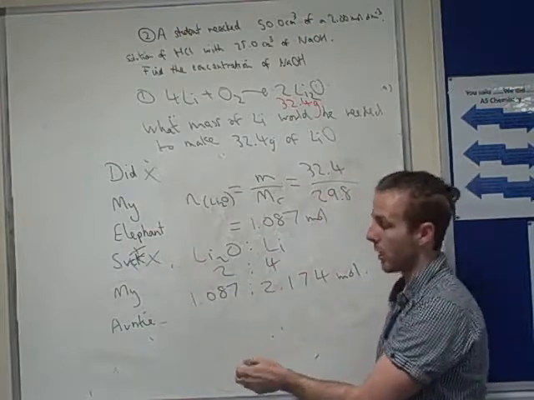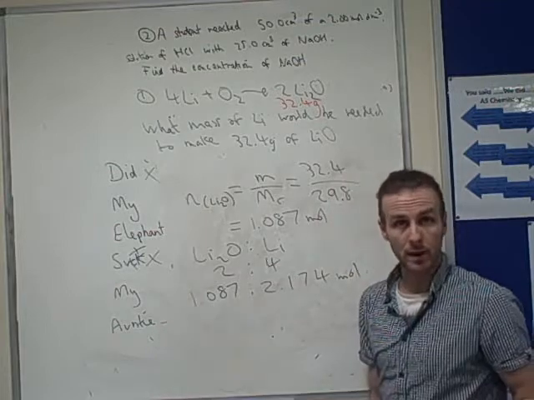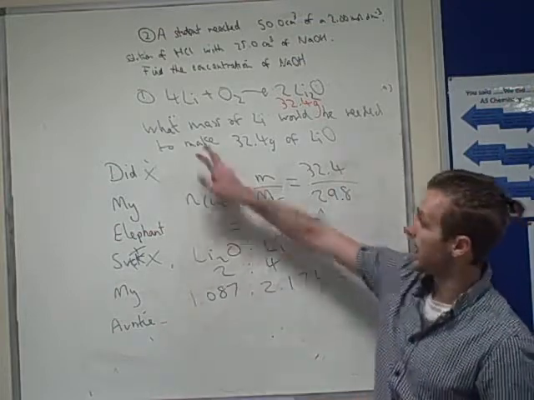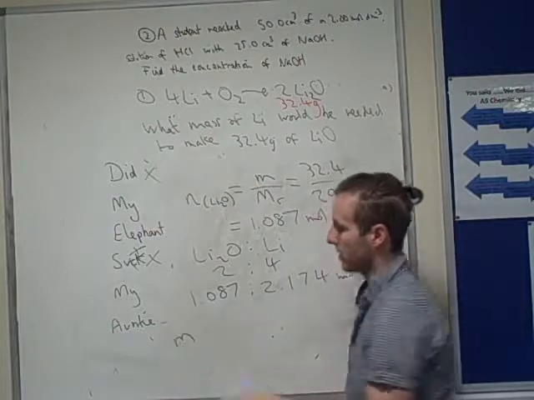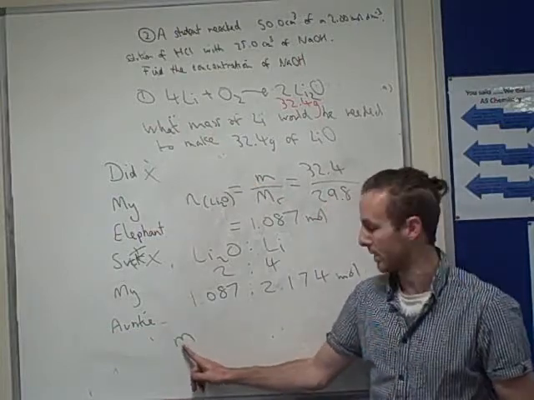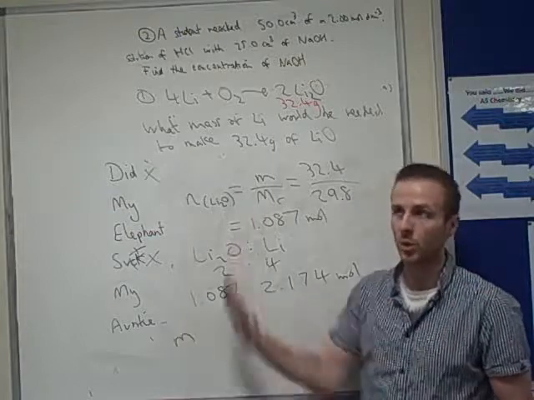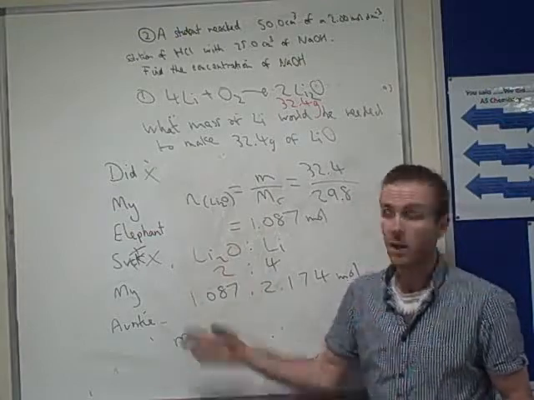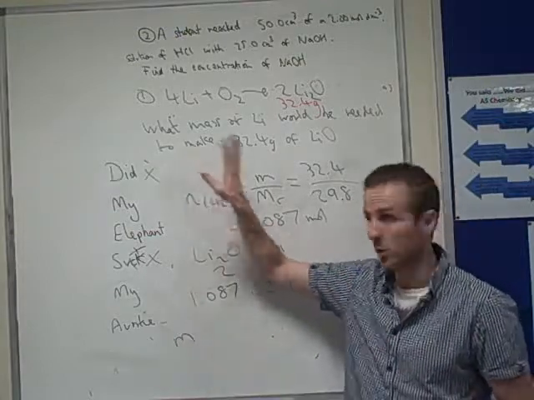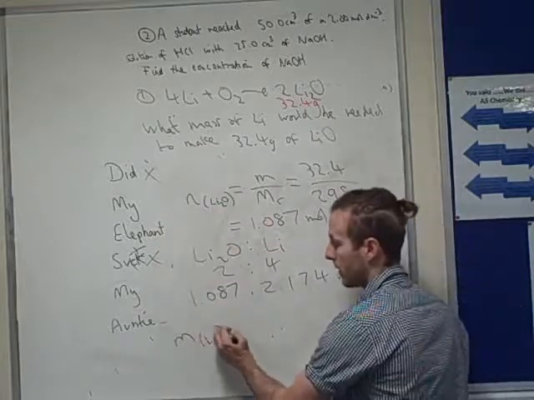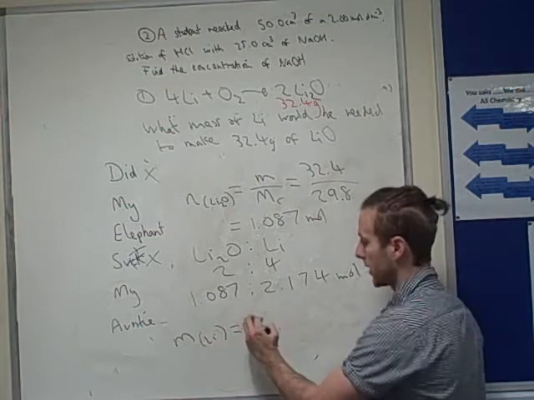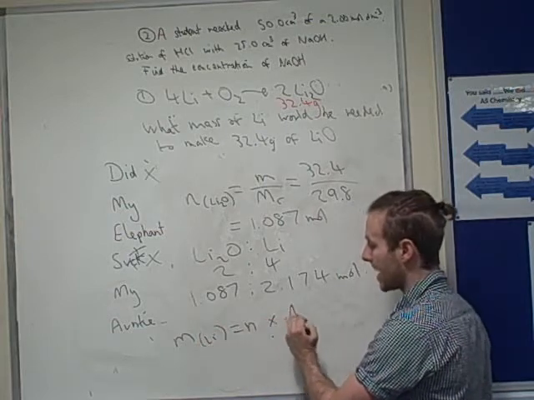My last moles equation always starts with what we're trying to find out. What's the question asking? It's saying what mass of lithium. So again, the final equation isn't always mass equals. It just so happens in both the questions I've done, that's what it was, because that's what both the questions were asking. So you've got to look at what the question asks for. So mass of lithium, as we said earlier, rearranging, will be moles times AR.